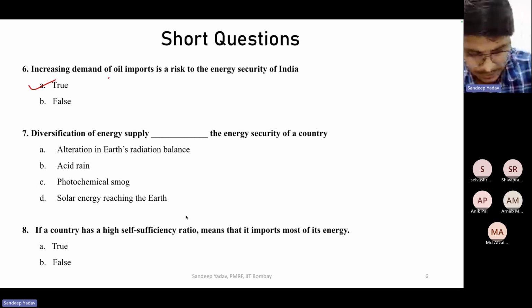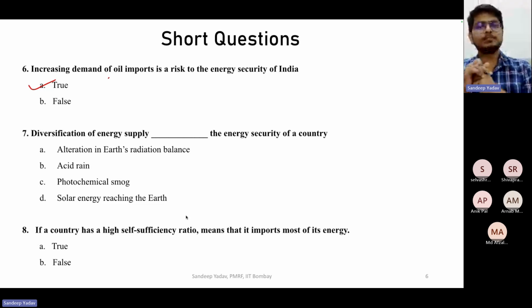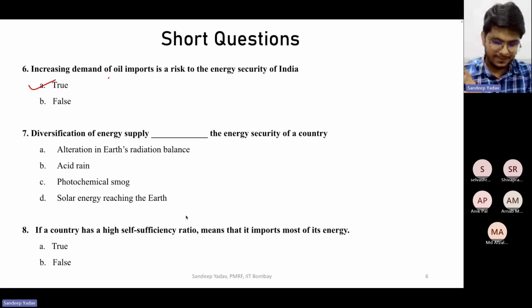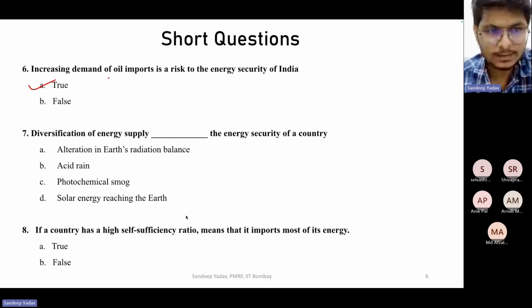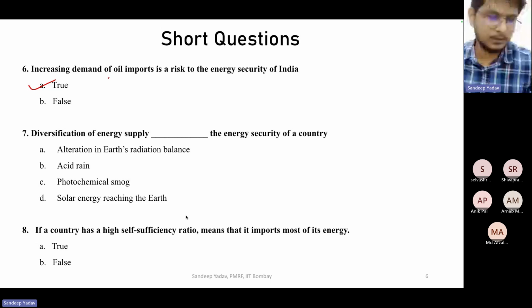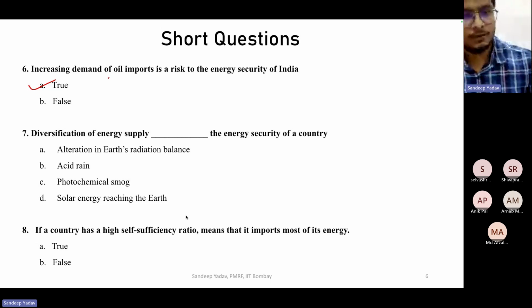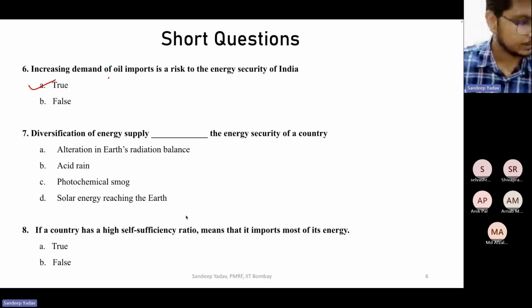Now, diversification of energy supply dash the energy security of a country. Now it is a fill in the blank. What thing should be there? Alteration of the earth radiation balance? No, this is not related anywhere to the energy security.